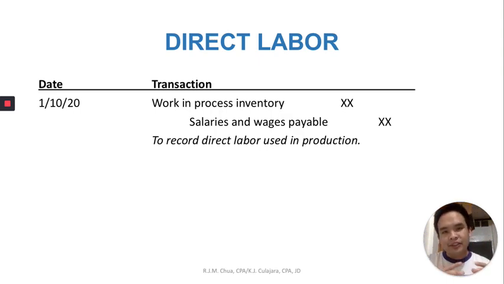So, ang lalabas, the production cost of these laborers, again, papasok sa work in process inventory. So, debit work in process inventory. And then, credit, as usual for labor, credit salaries and wages payable. O ikaw yung tipong diretsong bigay ng cash, edi credit cash, pwede din. That's for direct labor. To record direct labor use in production.